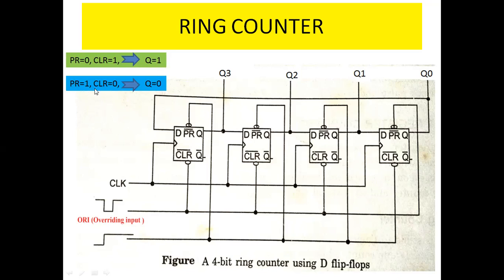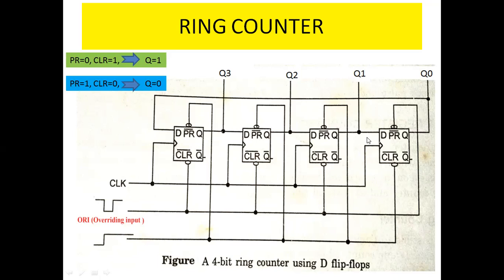If preset is 1 and clear is 0, then the output will be 0. So if we give a low input to the preset of the last flip flop and a high input to the clear, then at this output we get Q3 equal to 1 and the other outputs will be 0, 0, 0.